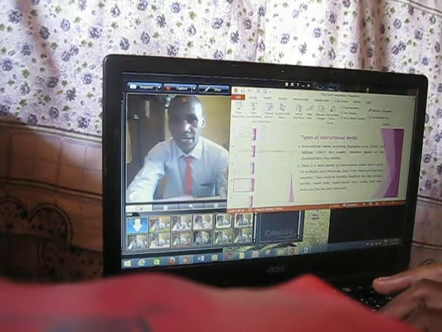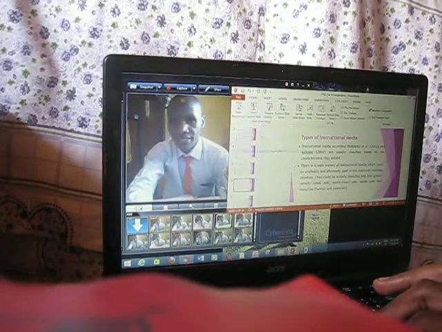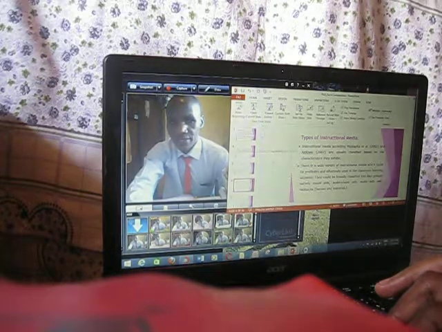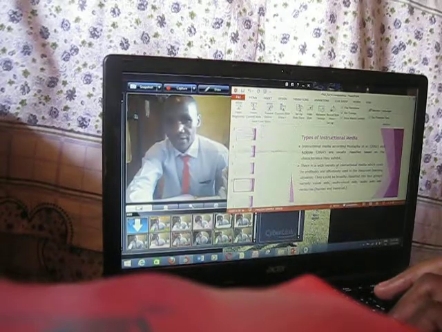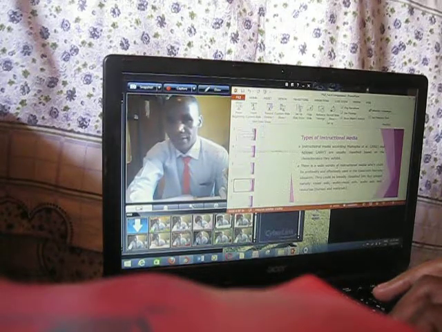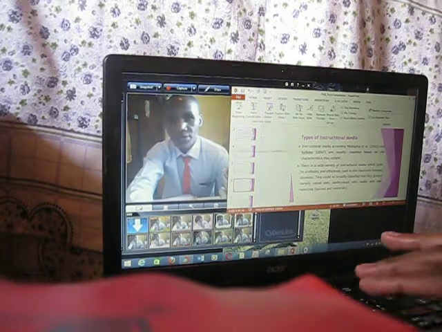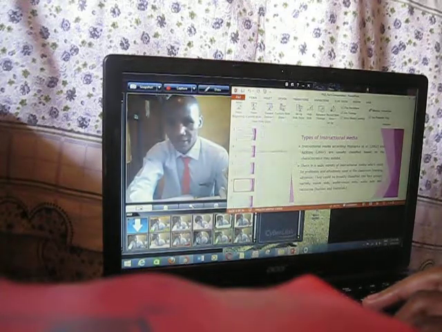We talked of types of instructional media, and we highlighted them, citing some of the authorities. Instructional media, according to Mustafa et al. 2002 and Azikiwe 2007, are usually classified based on the characteristics they exhibit.